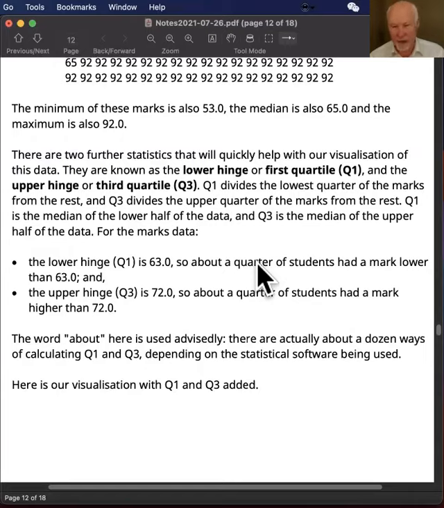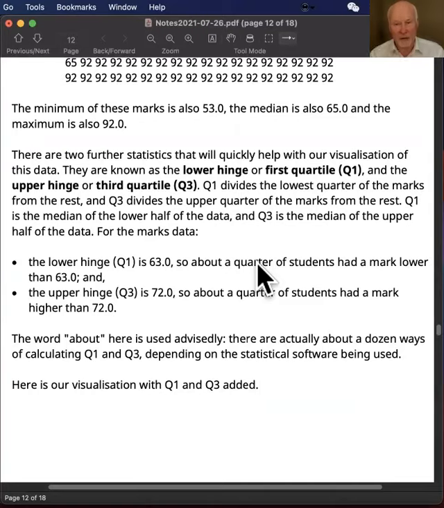Now, when I say about, it turns out that there are roughly a dozen ways of calculating Q1 and Q3. And it depends on the statistical software that you use. So if you use SPSS, it has one way of doing it. If you use R, which is the thing that I mostly use, it has a different standard way, and it offers about, I think, 9 or 10 different methods.